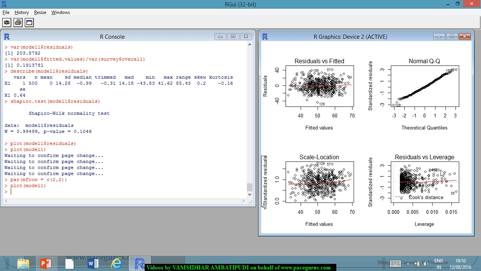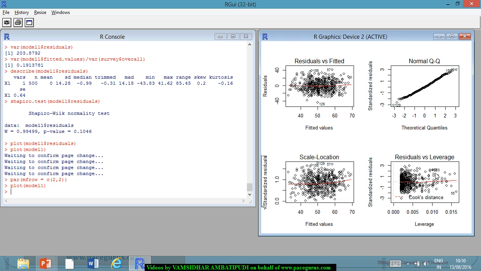So those points coming somewhere in this range have to be handled very, very effectively because they are going to have some kind of undue influence on our model. Those are the ones that are reflected by their numbers in R.